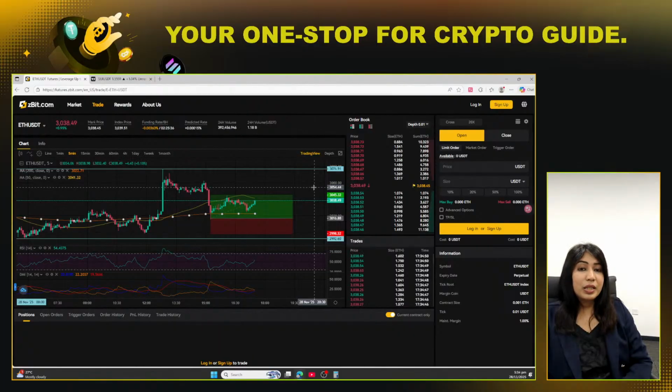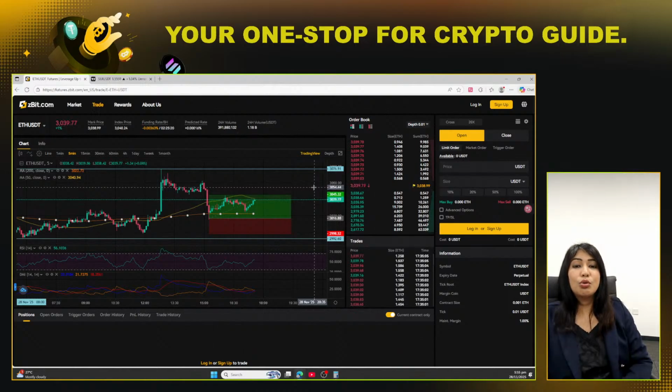Inducement candles, liquidity sweeps, fair value gaps. These are very good points on the charts where you can pick an entry point. Because in all these cases, mostly price will bounce back to that region and retest that zone for sure.